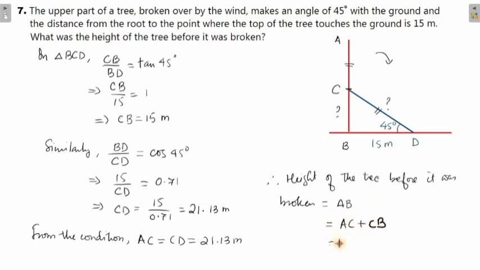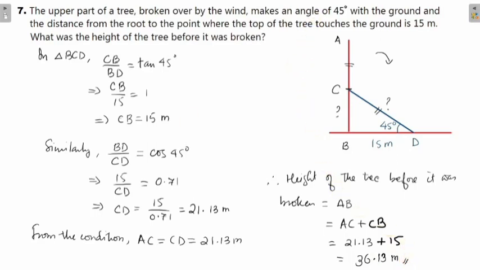AC is 21.13 plus CB is 15, isn't it? If you add them up, you get your answer to be 36.13 meter. So this will be your answer for this particular question.